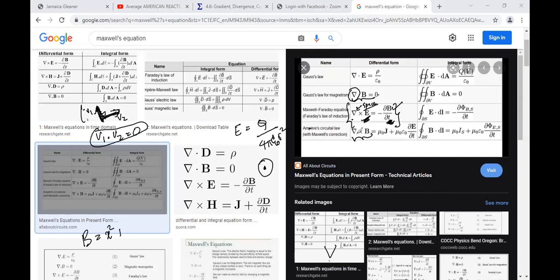All of these give you the strength of the electric field. This J is the current density.